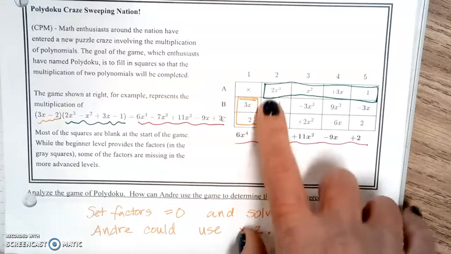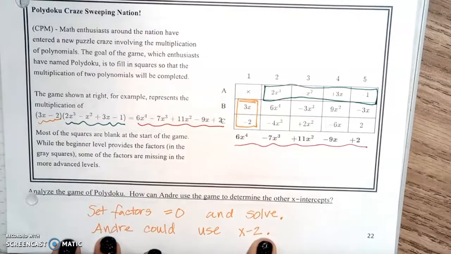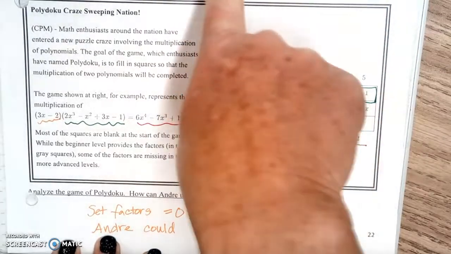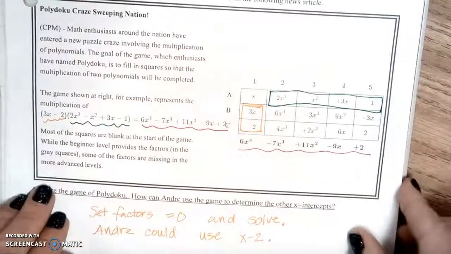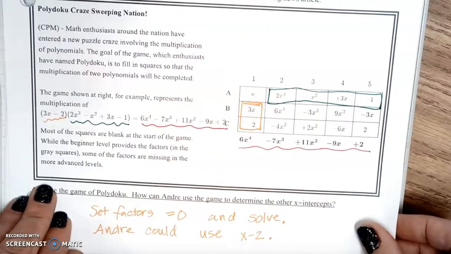So he could take the x minus 2 and use it to solve that one right there, because that's not the same one. It's that one, but way back up here. Okay? So I think they have us do that one on the next page. Let's see. Anybody still writing? All right, go ahead and turn it over to the top of page 23.